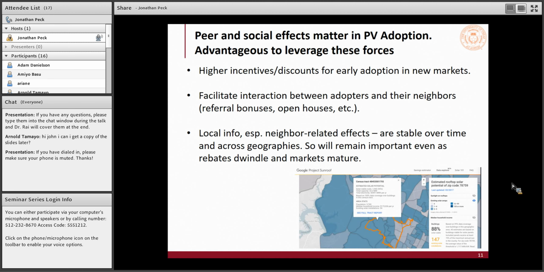And just a couple of weeks ago, Google Project Sunroof started to show how many folks in your neighborhood, in your county, have gone solar, and there are different levels of abstraction. Here, the highlighted portion is the zip code that I live in.